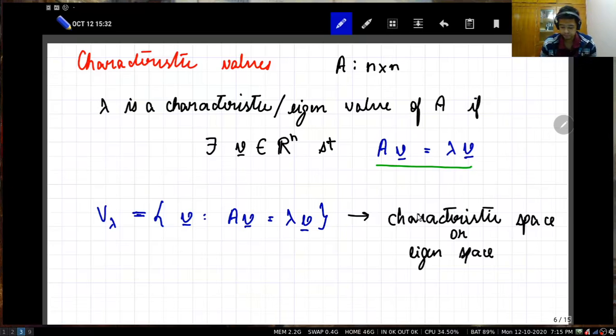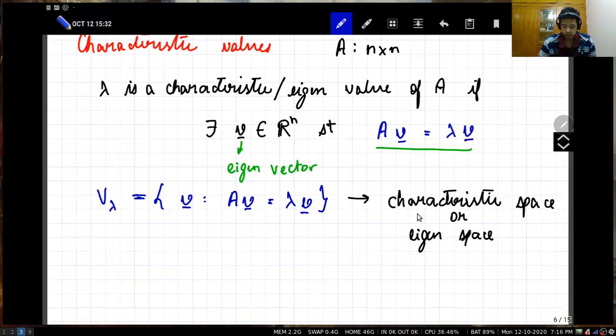So lambda is said to be an eigenvalue if there exists a V such that A times V is equal to lambda times V. So here lambda is a scalar, whereas A is a matrix, and such a vector V is called an eigenvector. So this is said to be an eigenvector corresponding to the eigenvalue lambda.